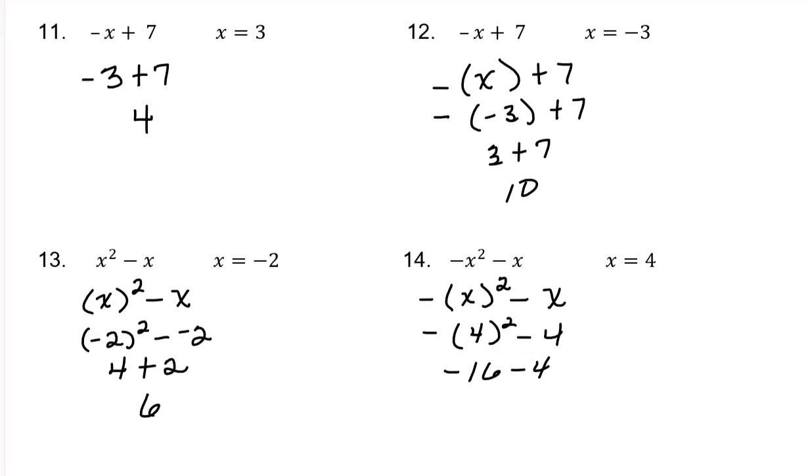So here your answer is negative 20. Be sure that you understand the difference here on when this negative is up front of that x and when that negative is being squared. This negative in problem 14 is not being squared.